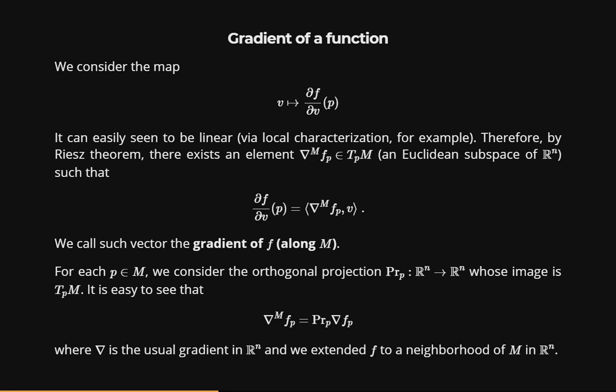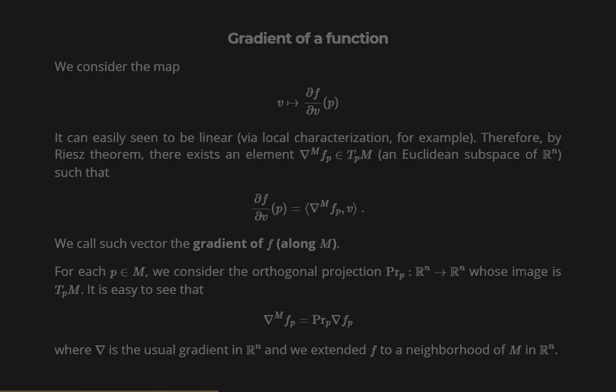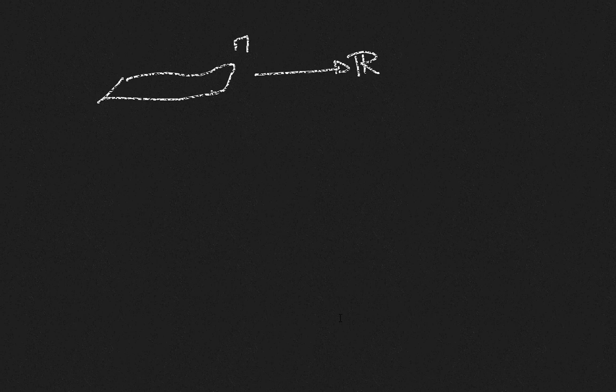So if you remember, you have M, you have a function f. What does it mean for f to be smooth?